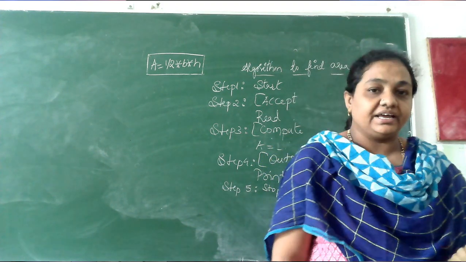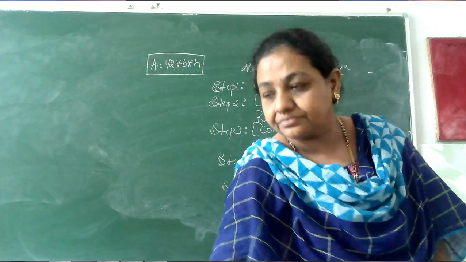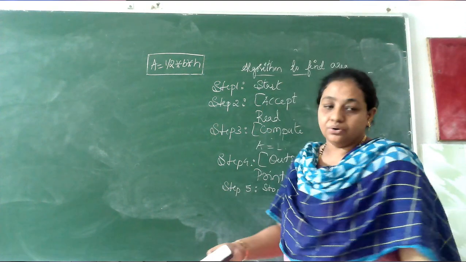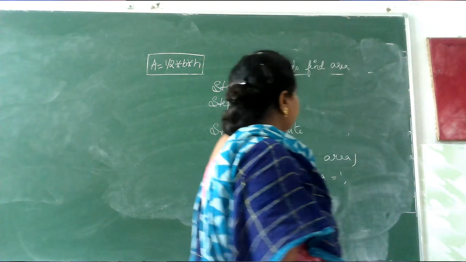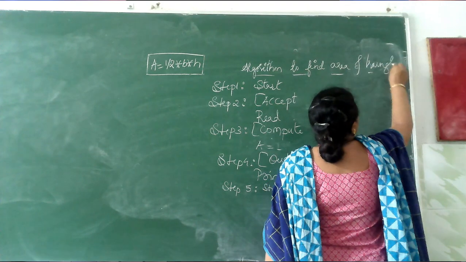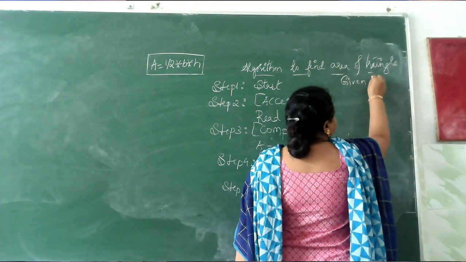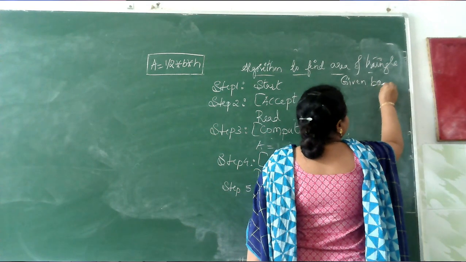So here half we know is a constant value. We require B and H. To find the area of triangle, it is required to know base and height. Without knowing base and height, we will not be able to calculate area.